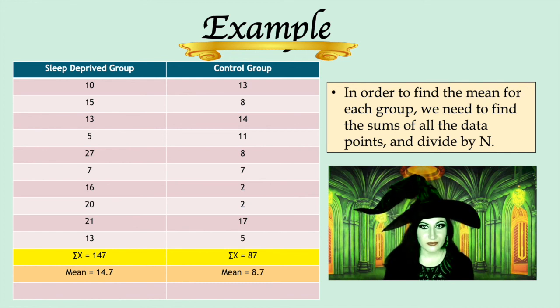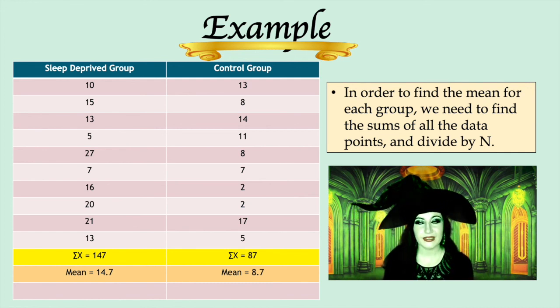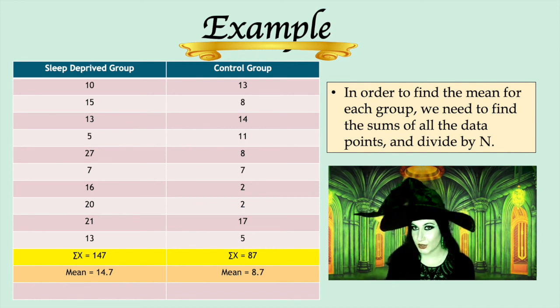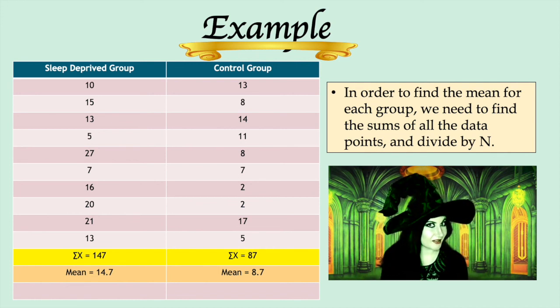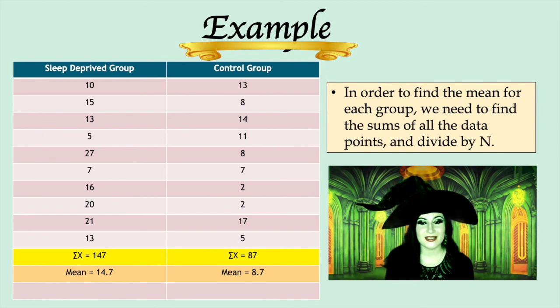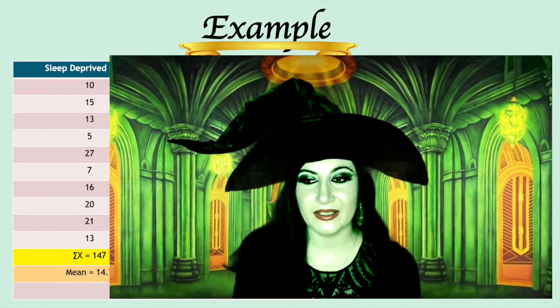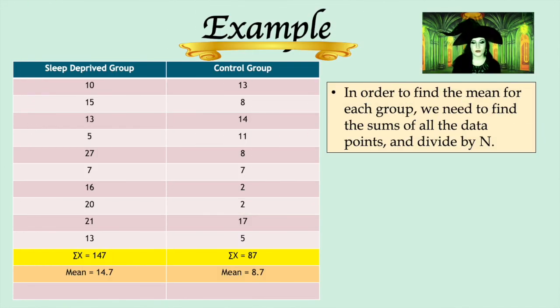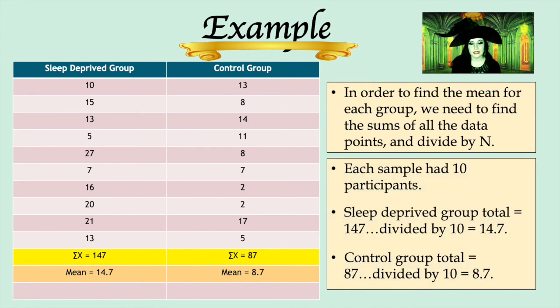Once we add up all of the seconds in the control group, we get a total of 87. 87 divided by its corresponding n, which is also 10 in this case, is going to give us the sample mean of 8.7. So, in other words, we have a sample mean of 14.7 for the sleep-deprived group, and a sample mean of 8.7 for the control group.